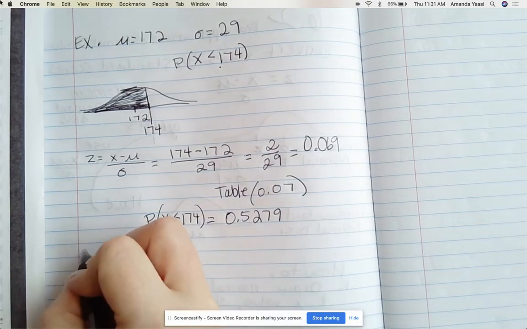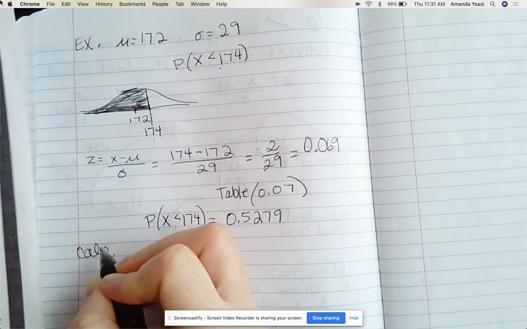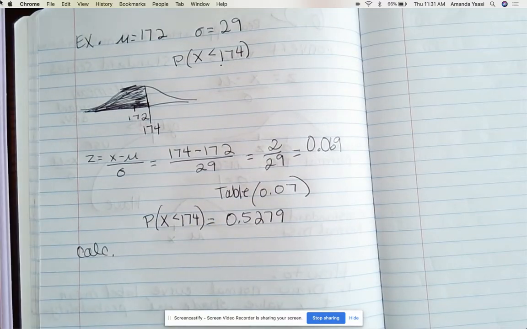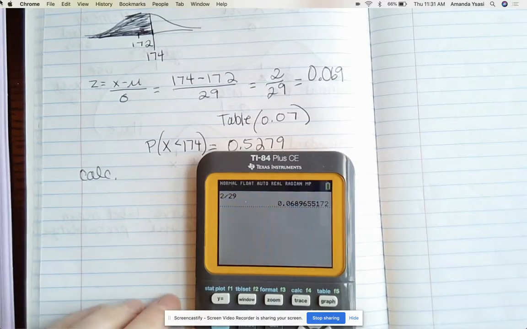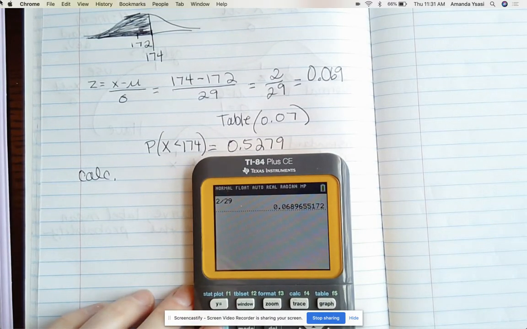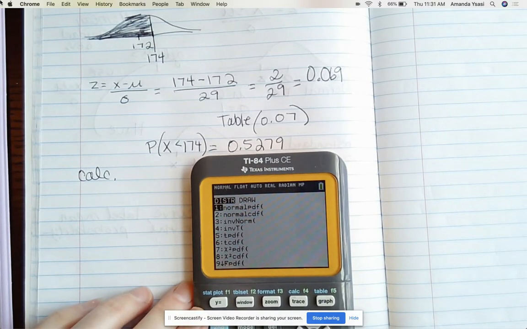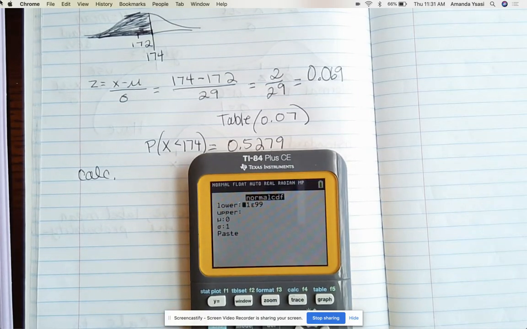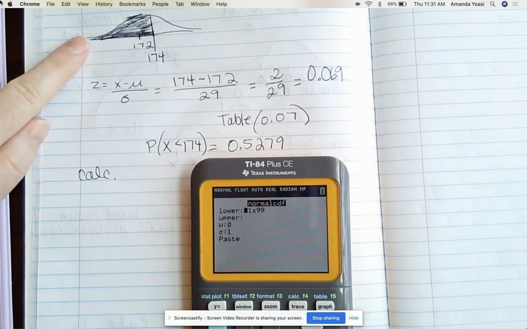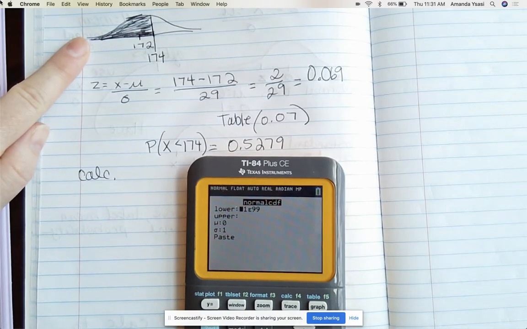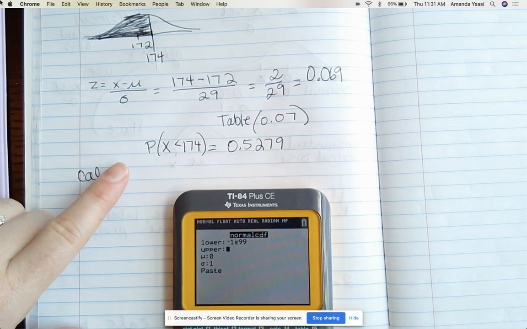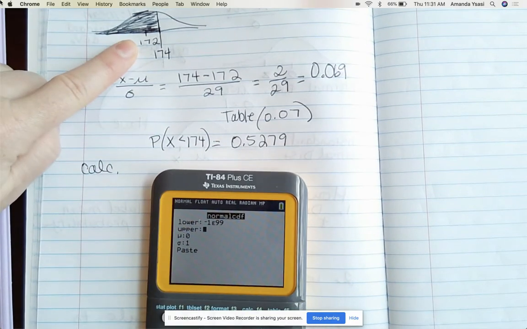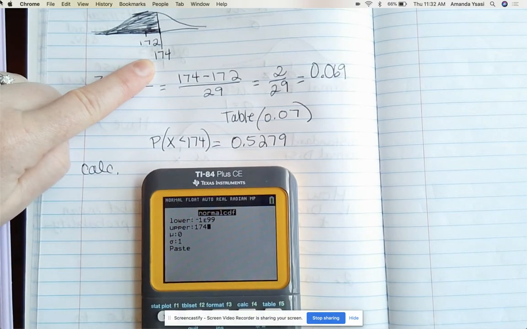Okay, the other way is with the calculator. This is with the table, and this is the calculator. So we are going to do second VARS, normal CDF, and the lower is basically negative infinity. The upper is 174.